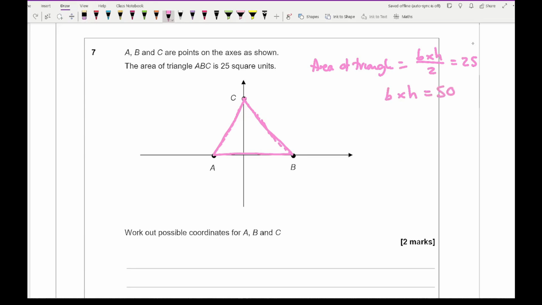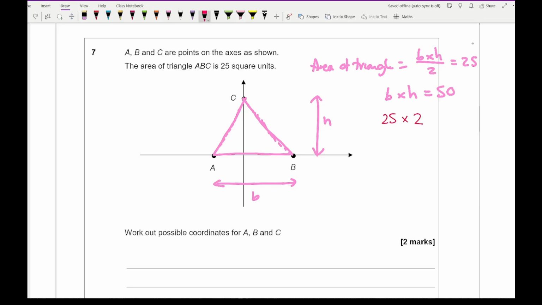So I want two numbers that multiply together to give me 50. Now for this, this here is the height and this here is the base. Now what you want to do is just pick two numbers that multiply to give you 50, and so let's just go for the most common one, which is 25 and 2.